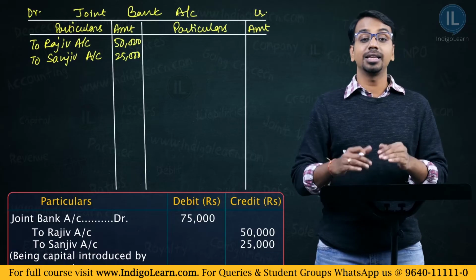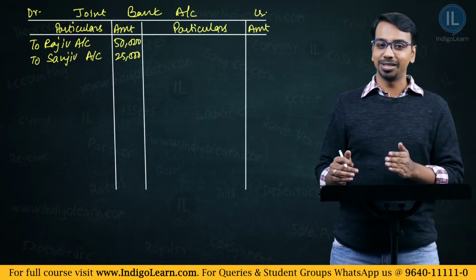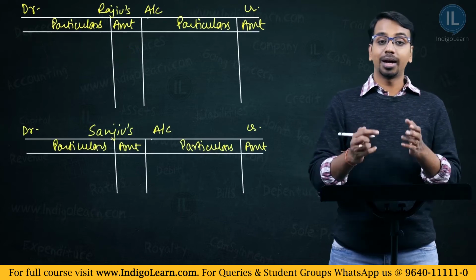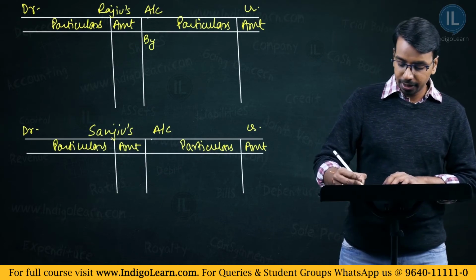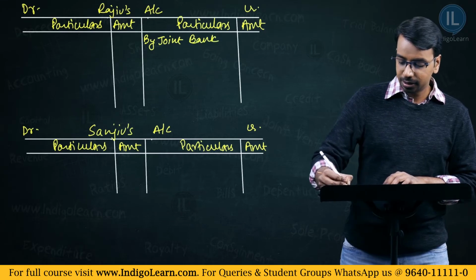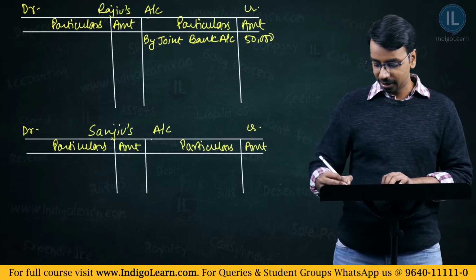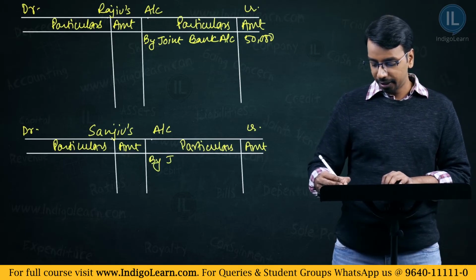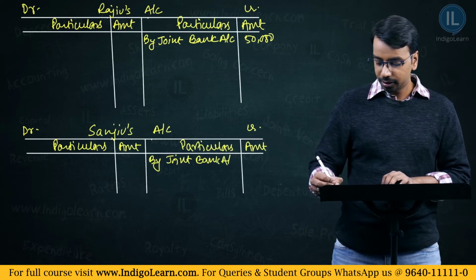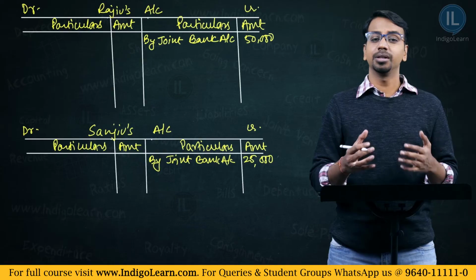Now these entries we have to post in both Rajiv's account as well as Sanjeev's account. So in Rajiv's account we say by joint bank account 50,000, and in Sanjeev's account we can write by joint bank account 25,000. Very simple, the first entry.